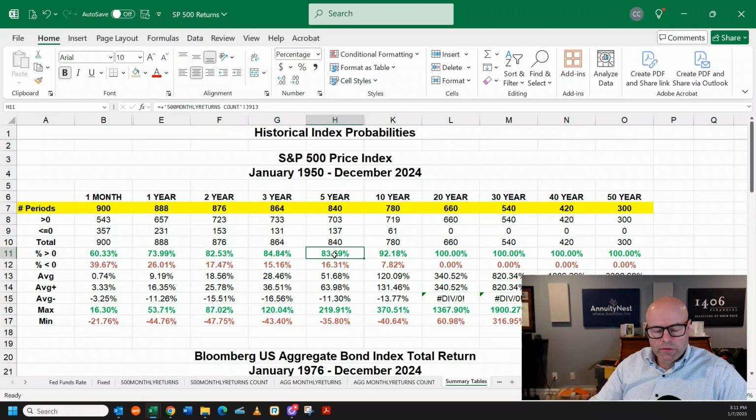So say you need money in 3 years with an 84% chance of success, but the average downturn in the years when it's negative, so if 16% of the time it loses, the average loss is 11.3%, and the maximum has been 35%. So if you have $100,000 that you need to make some interest on, or you want to know what's the best way to make some returns and you need it in 5 years for whatever your needs might be, I'm just arbitrarily choosing a 5-year period here.